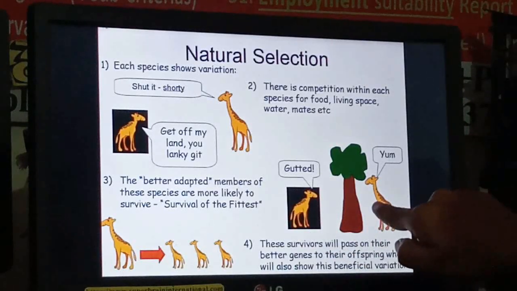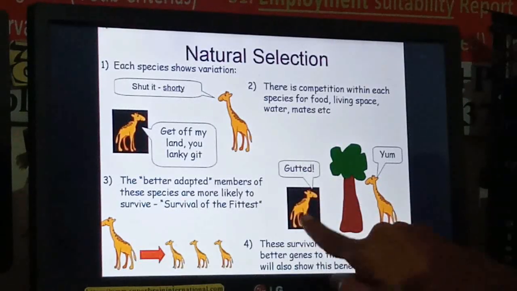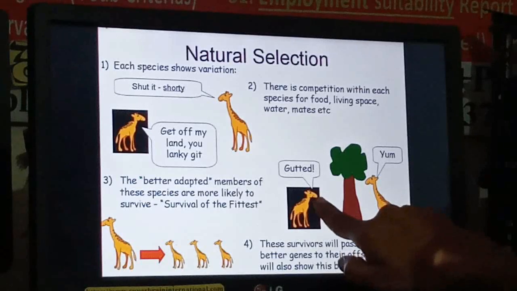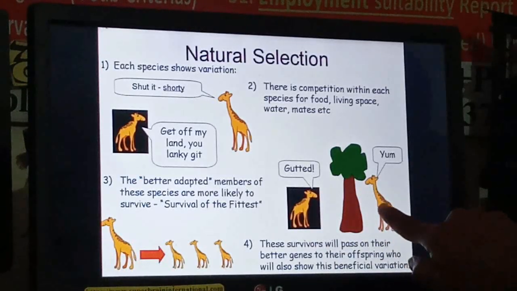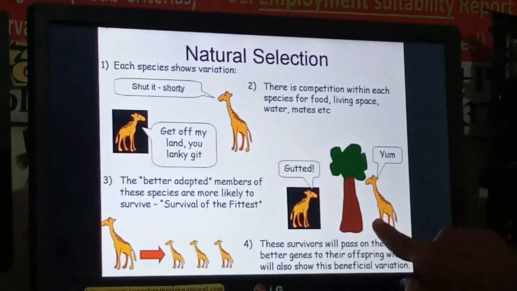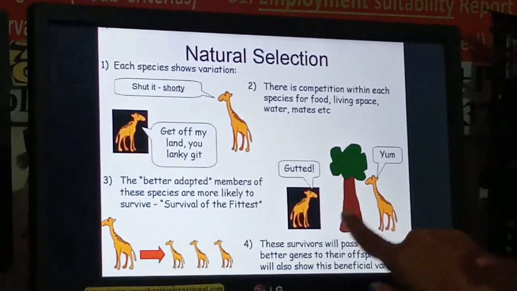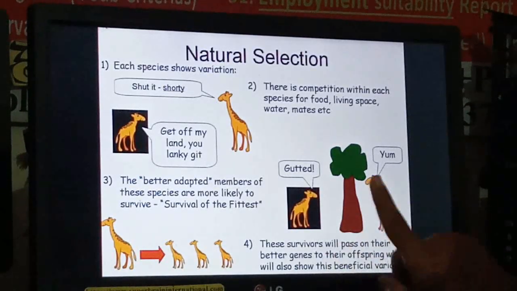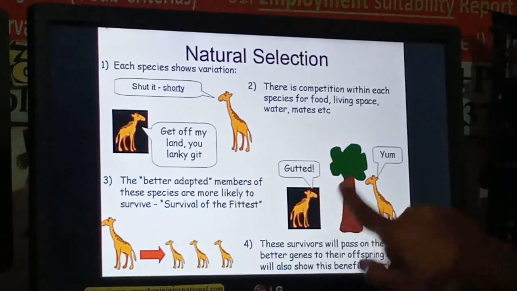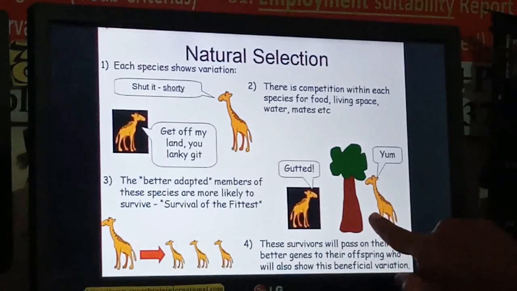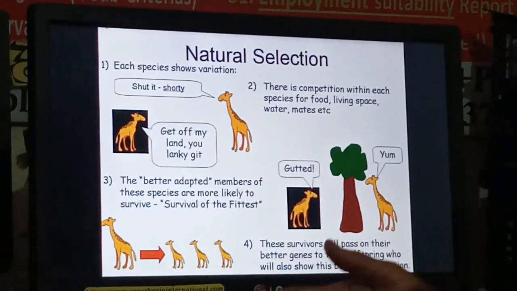As this goes on continuously, with continuous use of stretching the neck and front legs, the short-necked giraffe evolved into a long-necked, long-legged one. They adapted better according to their need, and those who adapted survived.